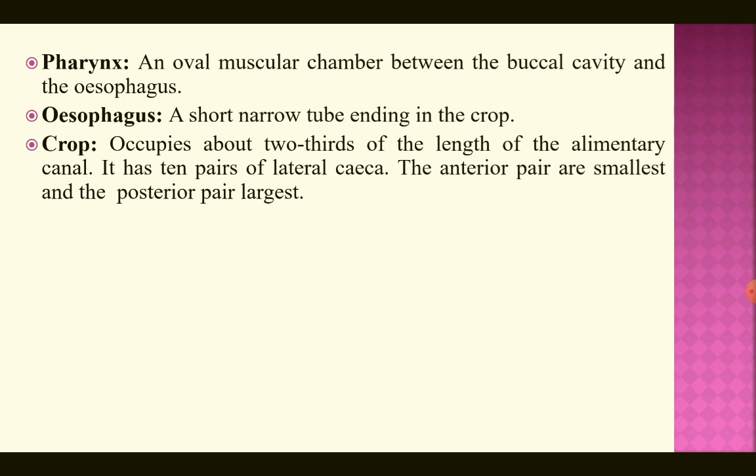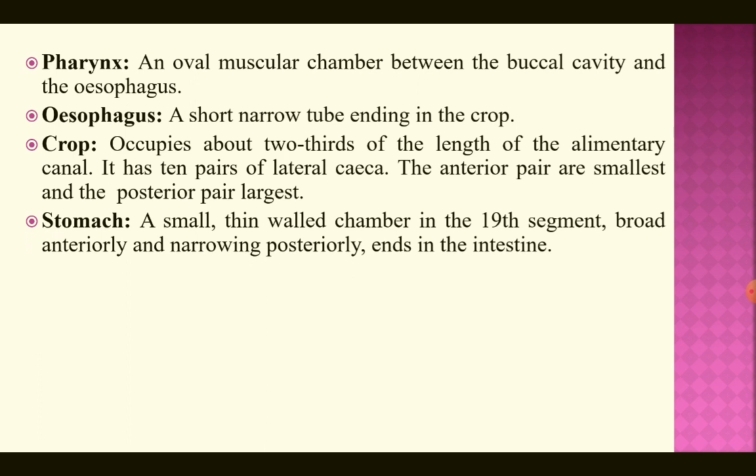The esophagus is a very narrow tube which ends in the crop, and this crop, or the stomach, occupies around 2/3 of the length of the alimentary canal. It has 10 pairs of lateral ceca, and the anterior pair is the smallest and the posterior pair is the largest of all.